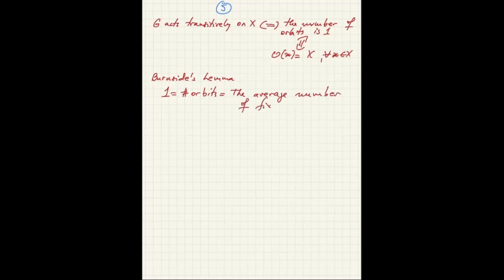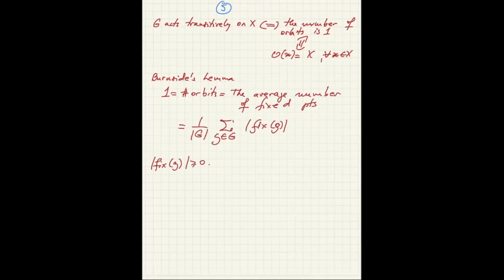of fixed points, which is the average over all g, 1 over |G| times the summation over all g in G of the cardinality of fix of g. Now, the cardinality of fix of g is an integer greater than or equal to 0. So you have an average of these non-negative integers equal to 1.